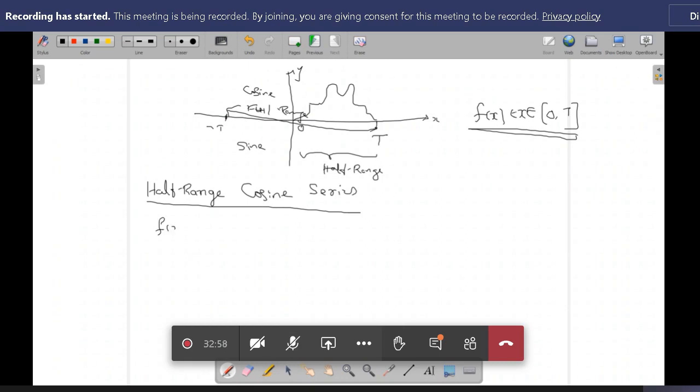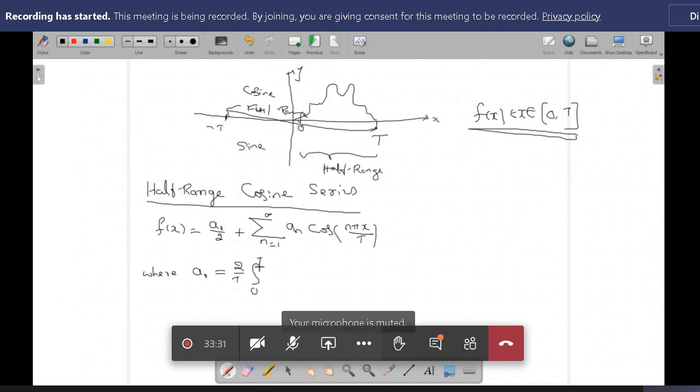So f of x equals a naught by 2 plus summation n running from 1 to infinity an cos n pi x by t, where a naught is defined as 2 by t integration from 0 to t, because the interval is defined 0 to t only, f of x into dx.